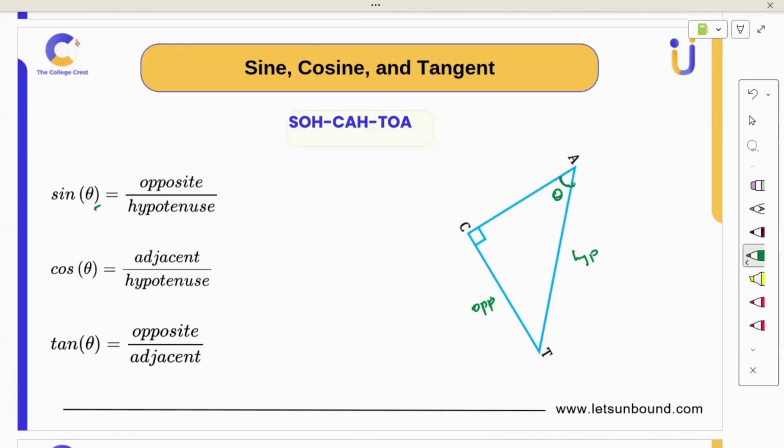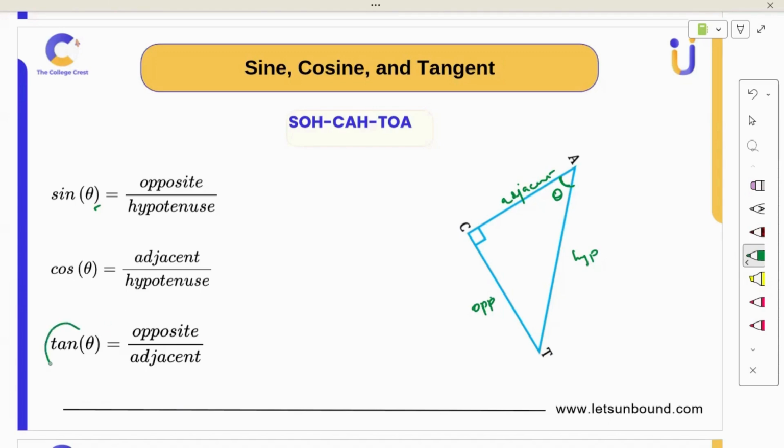Adjacent means the side that theta is touching. Your angle will touch the hypotenuse and one more side, and that one more side is the adjacent. So sine theta is opposite by hypotenuse, cos theta is adjacent by hypotenuse, and tan theta is opposite over adjacent.